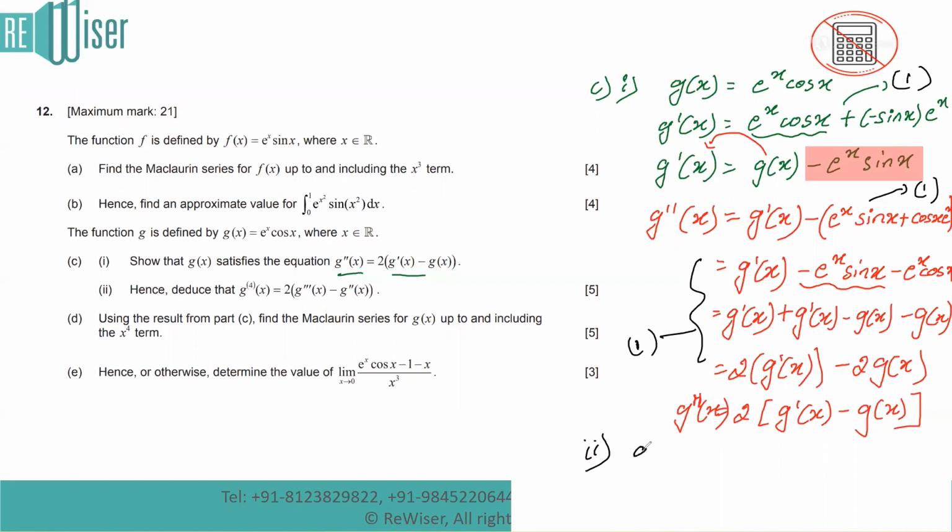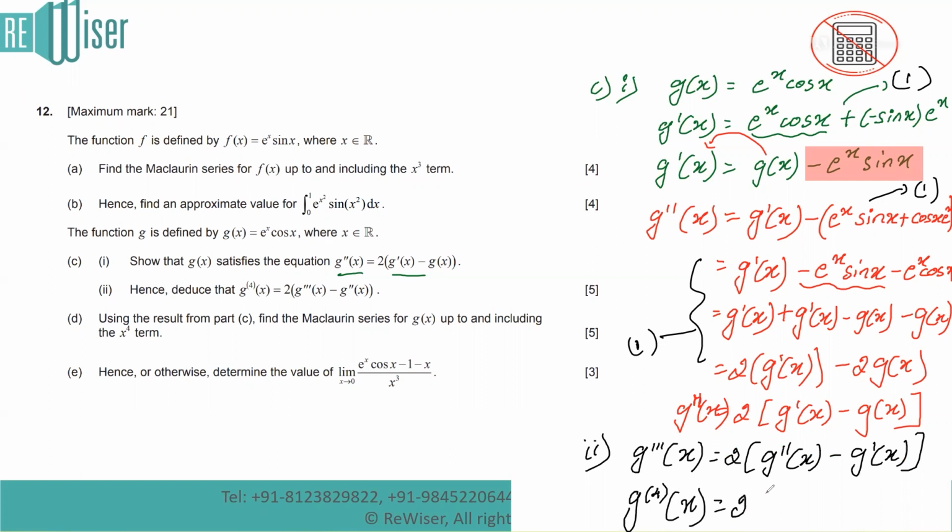The derivative is going to be g triple dash of x equals 2 times g double dash of x minus g dash of x, because the derivative of g of x is going to be g dash of x. Differentiating one more time, the fourth derivative is going to be equal to 2 times g triple dash of x minus g double dash of x.